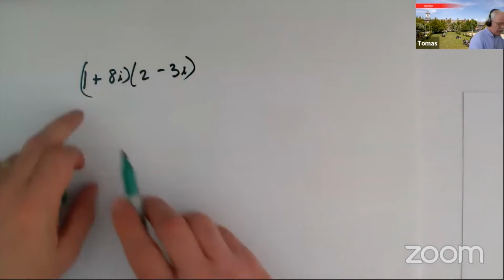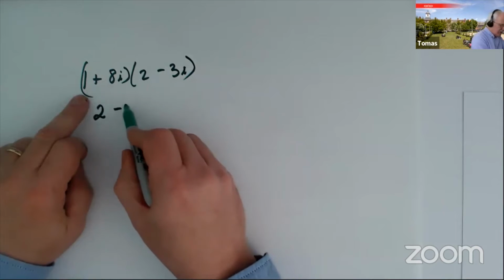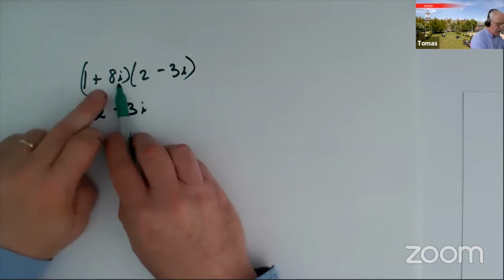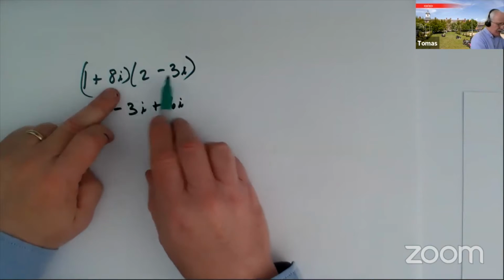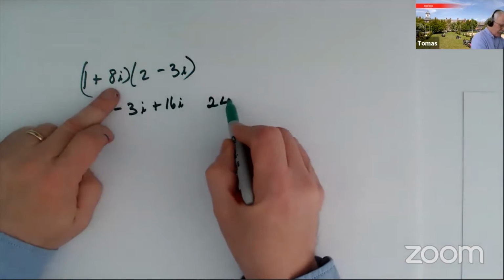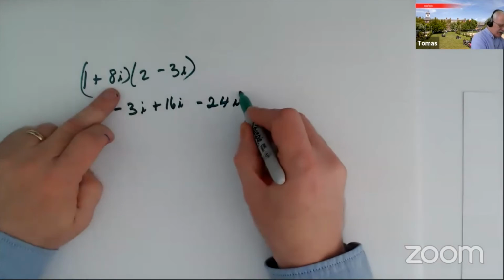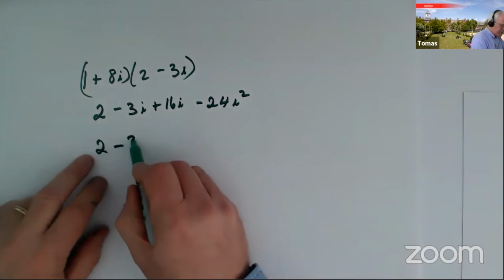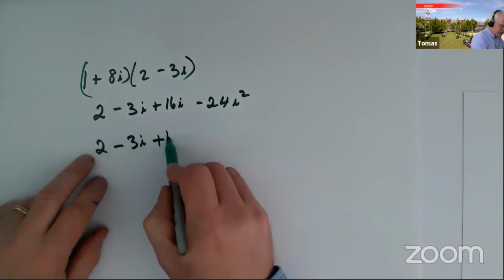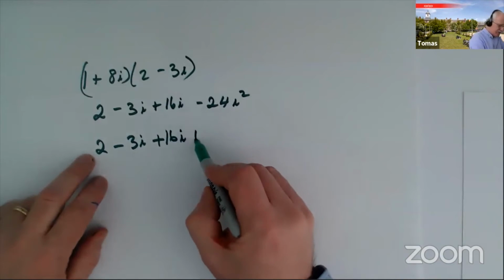I'm going to do the first parts first, that's 2. 1 by minus 3i is minus 3i. 8i by 2 is plus 16i. 8 by 3 is 24. 8 by minus 3 is minus 24. i by i is i squared. So I'm going to get 2 minus 3i plus 16i. And the i squared is really minus 1. And minus 1 by minus would make that a plus.